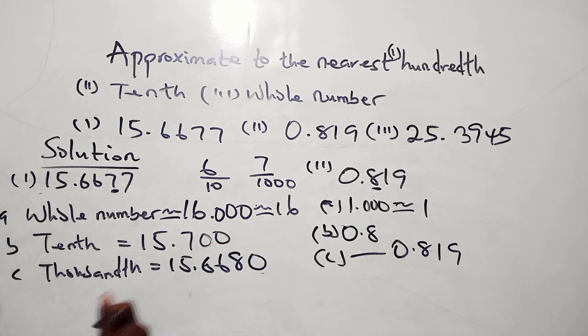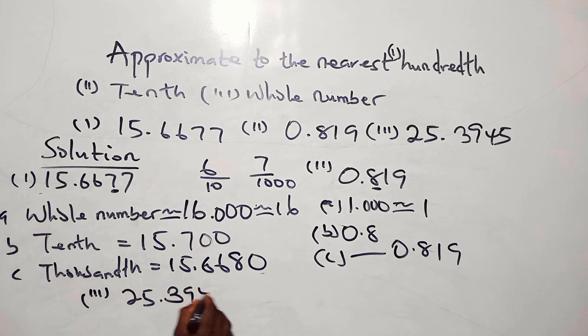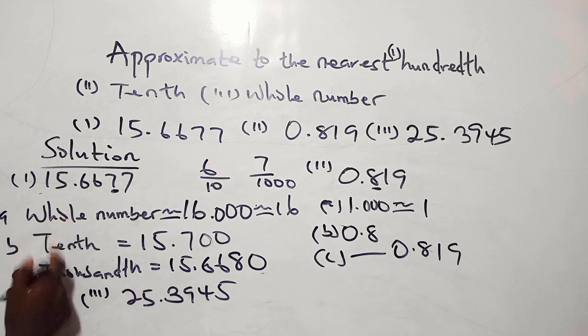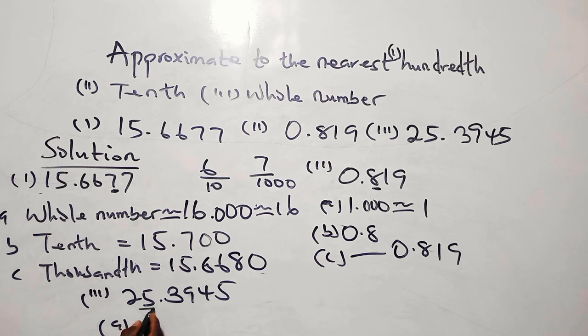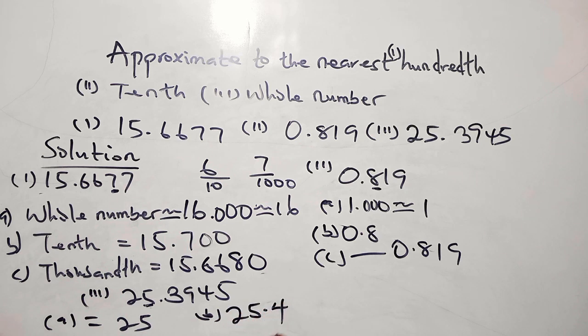For the third one, I have 25.3945. To the nearest whole number position, I have 25 as my answer. For my B, taking this number to tenth, I have 25.4.